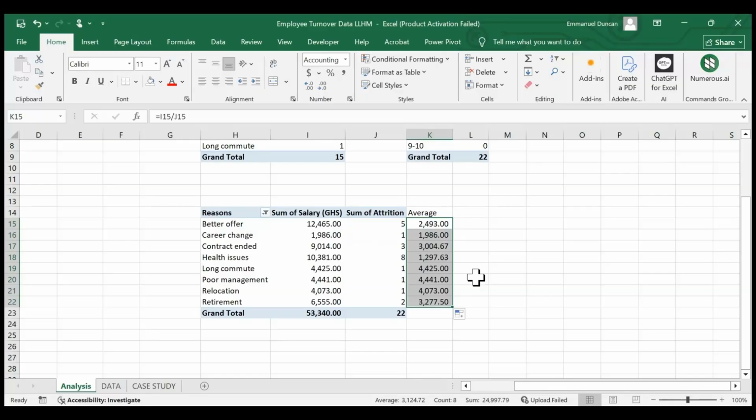So we have the average salary of each employee that left.